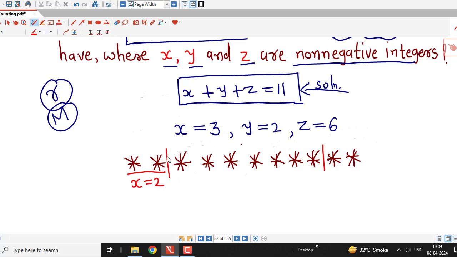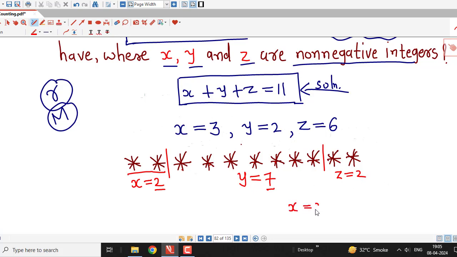Now whenever we have a divider or bar, we change the type of object, so we change from x to y. So I have 1, 2, 3, 4, 5, 6 and 7, that is y equal to 7. And because I have a bar, I am changing from y to z, and there are 2 stars for z. And you can see 2 plus 7 is 9, plus 2 is 11.